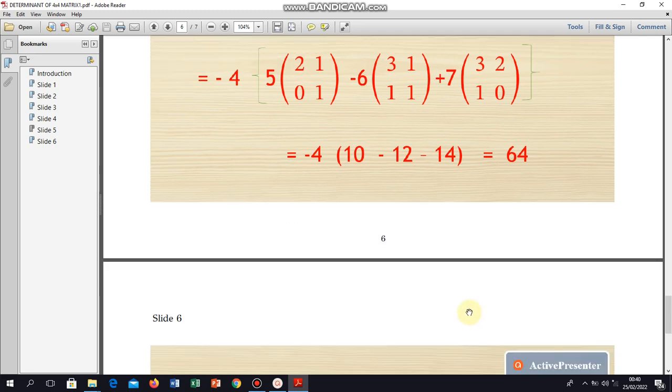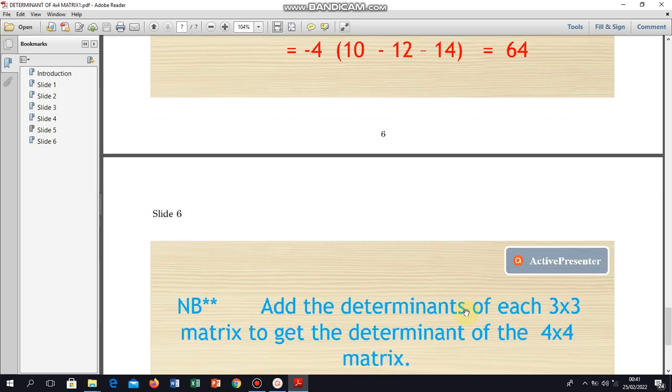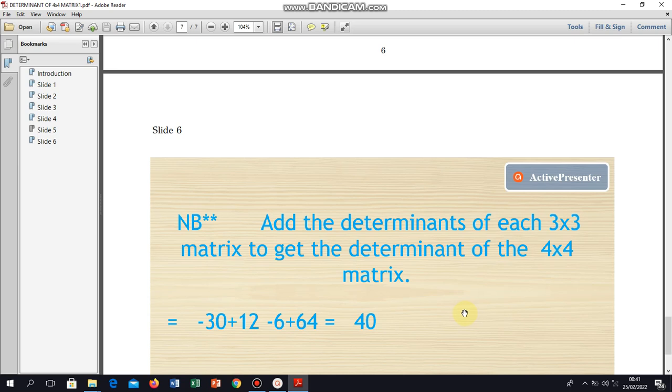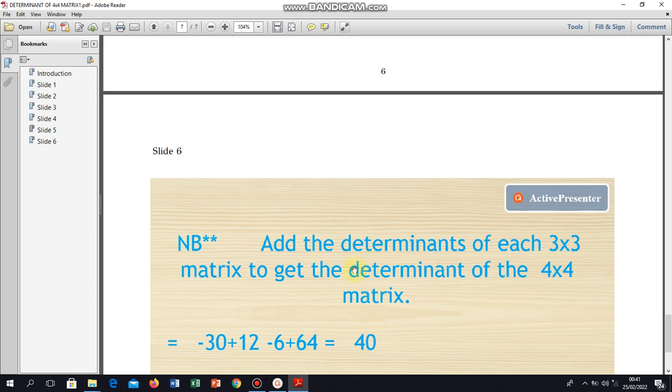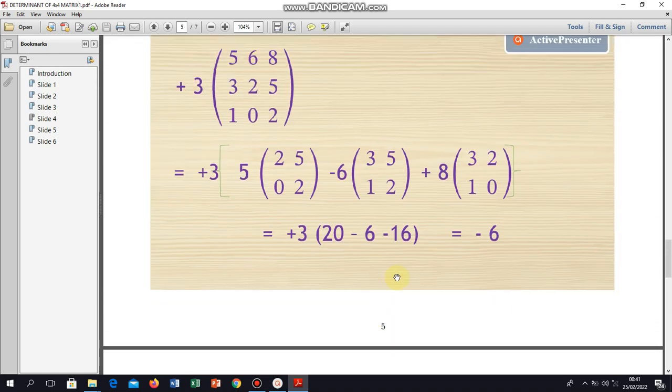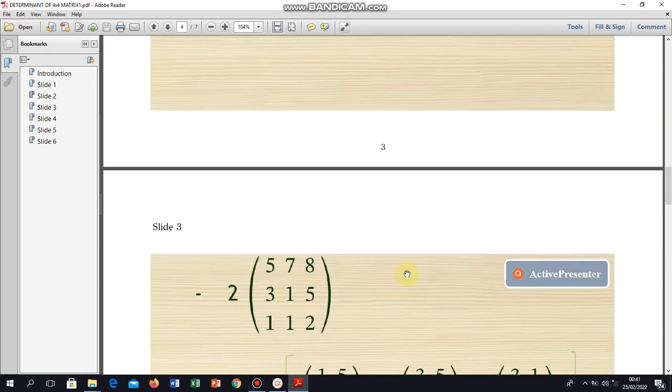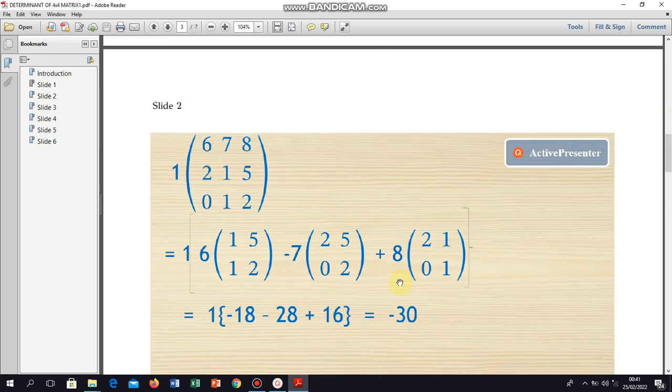So lastly, now the last step after doing all those steps, we move on now, add the determinants of each 3 by 3 matrix to get the determinant of the 4 by 4 matrix. So at first, as you can see here, we got our determinant as negative 30.